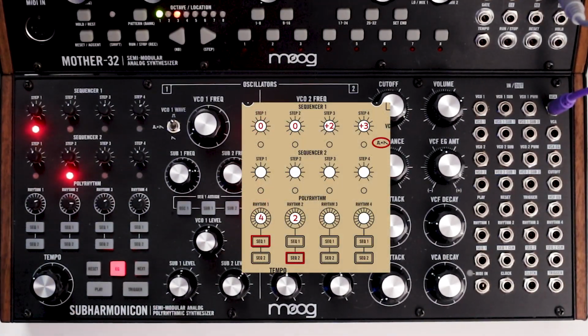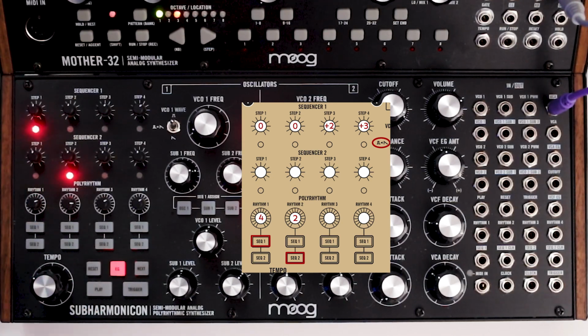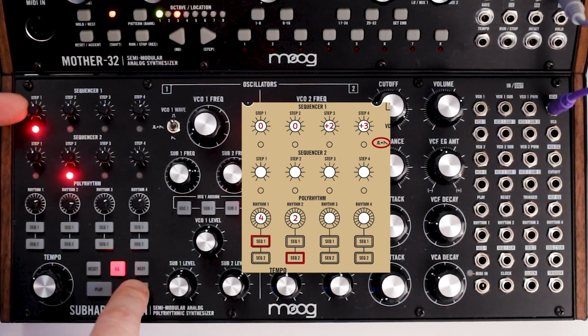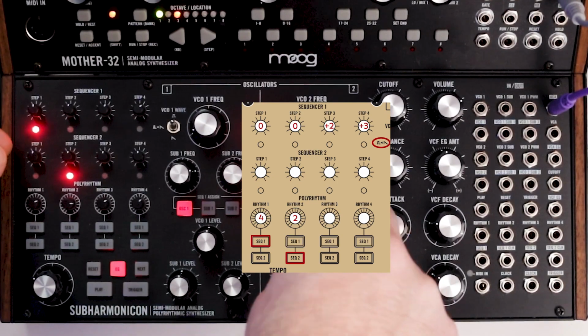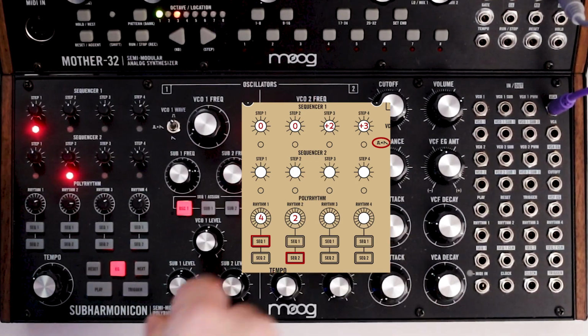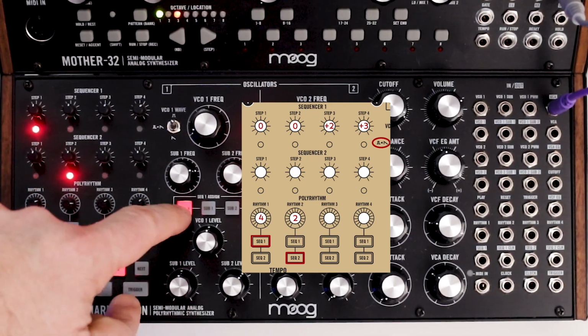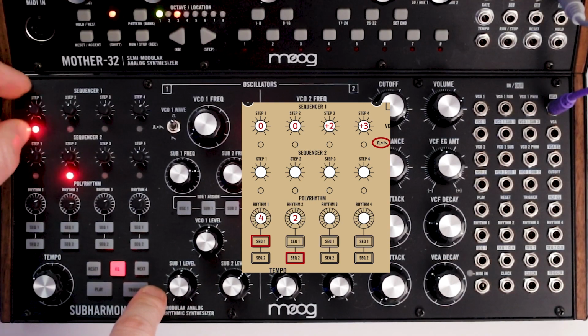So let's head over to our sequencer. So the first two are 0, and that means that this is going to have no impact on the sound. So if we turn on sequencer 1, actually I'm going to turn down sub-level or VCO2 for right now. You should be able to just do it by ear by turning this on and off, like if it was set to something different.